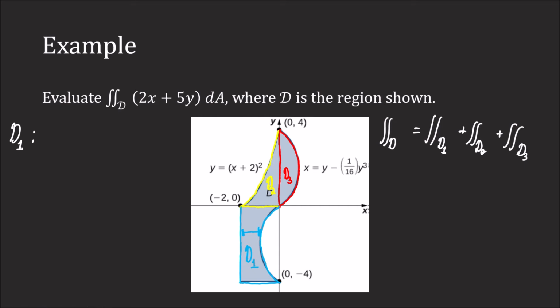I'm sorry, this is horizontally simple, not vertically simple. So y is going to go from -4 to 0, and x will go from -2 to this curve right here, which is y minus y cubed over 16.